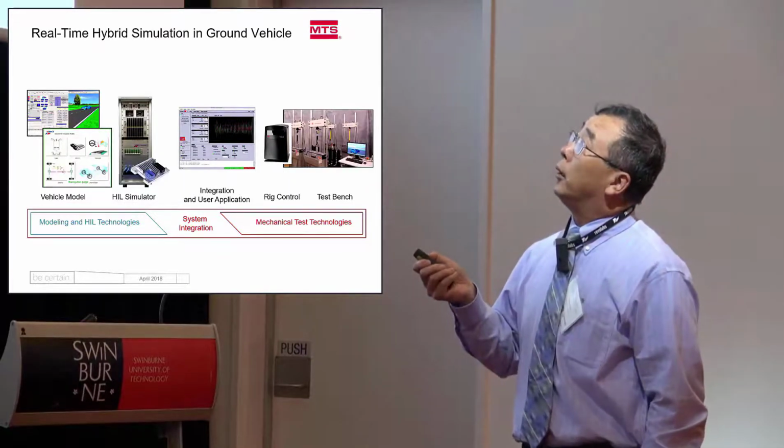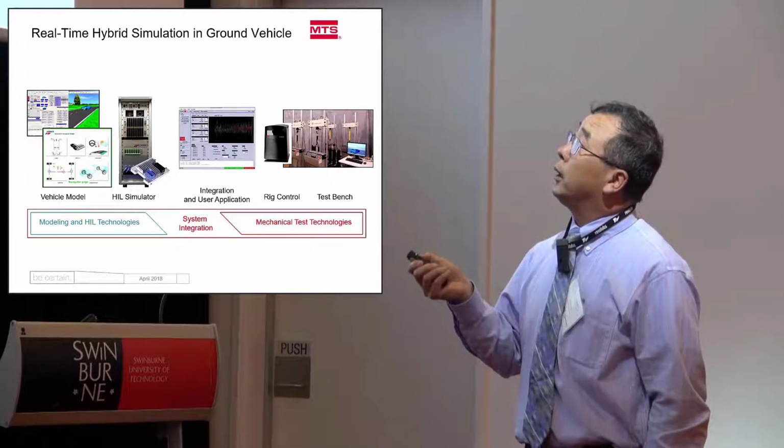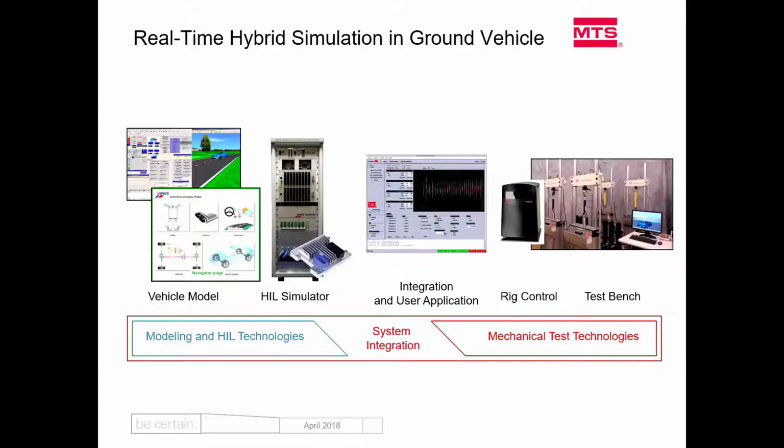The model is running here in real time and generates the command. The command is sent to the test rig through SCRAMNet, and then moves the actuators and the dampers.